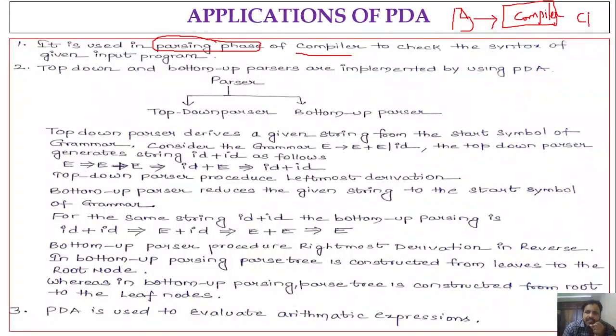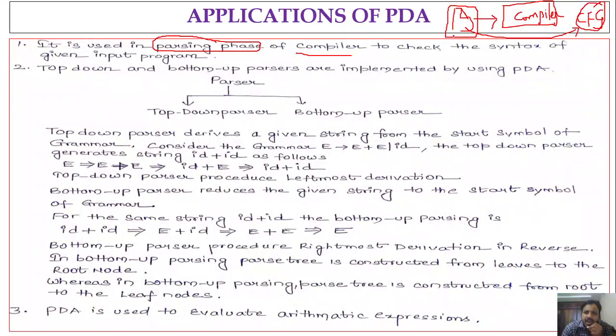every programming language has syntax rules in the form of context-free grammar, right? So I already explained that programming language syntax is defined by using context-free grammar. So whenever we give the input source file to the compiler, it will check this input source program in accordance with the grammar rules. If that input program satisfies the grammar rules, then that program is considered syntactically valid.